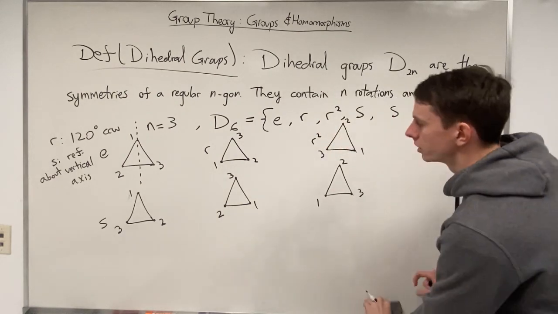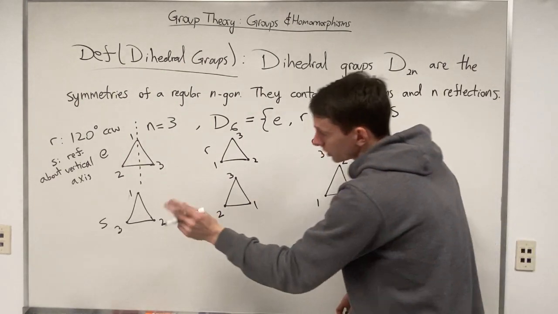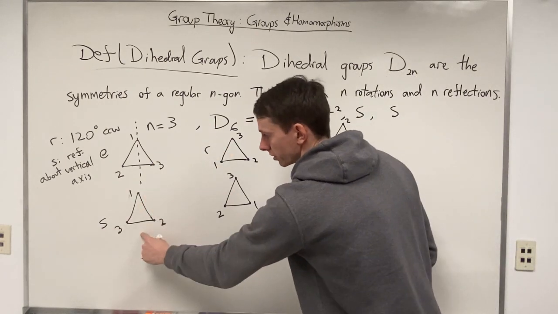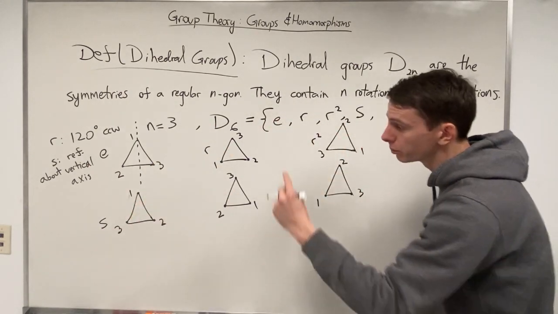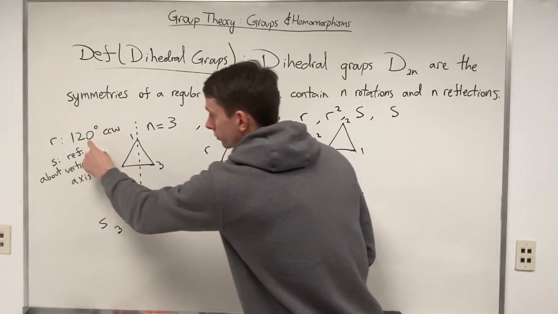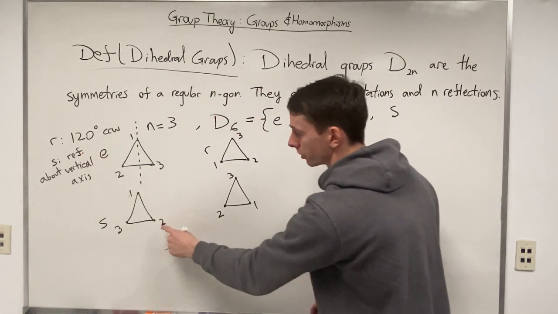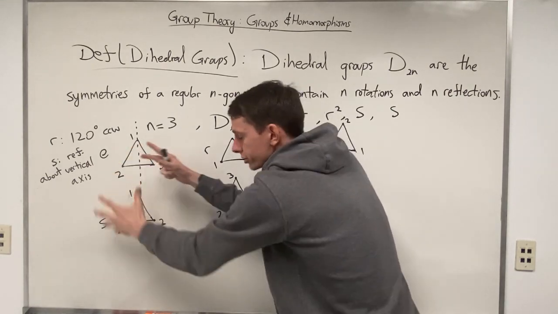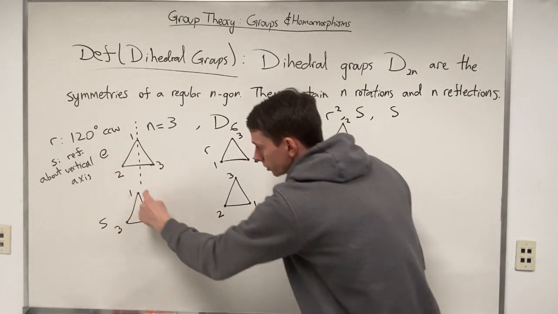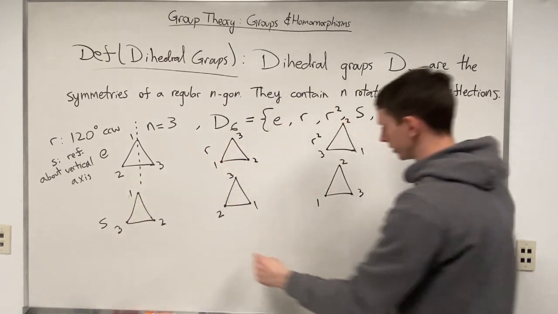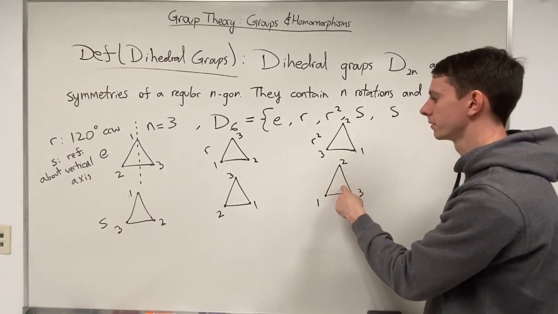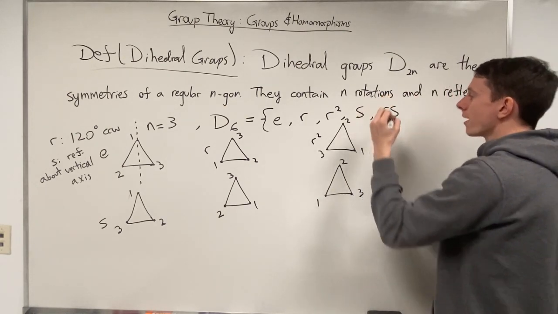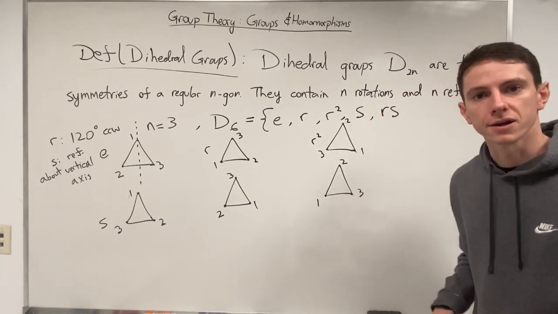So what we've done so far is we've taken S by reflecting across the vertical axis. Then after that, we apply R to it, a rotation of 120 degrees counterclockwise. If we're at this point, we now rotate the triangle by 120. 2 goes up to here, 1 goes down to here, 3 goes over to here. That's exactly what we have right here. So if we first apply S and then we apply R after that, we get the element RS.